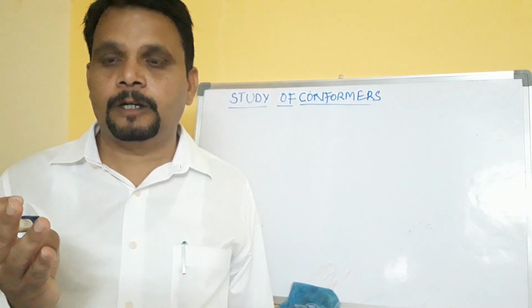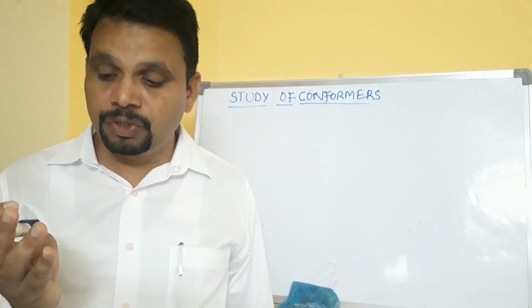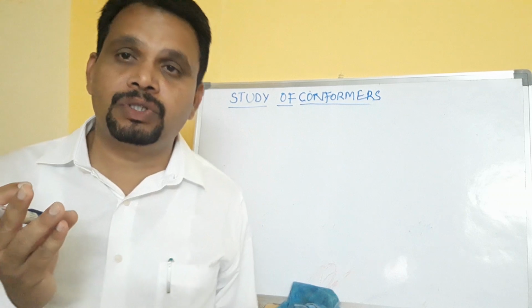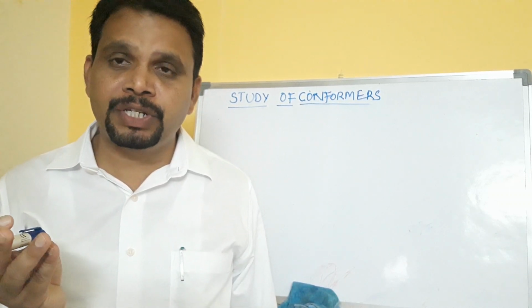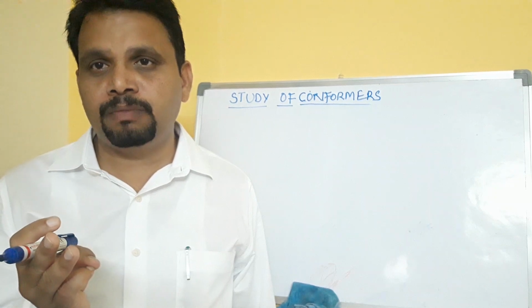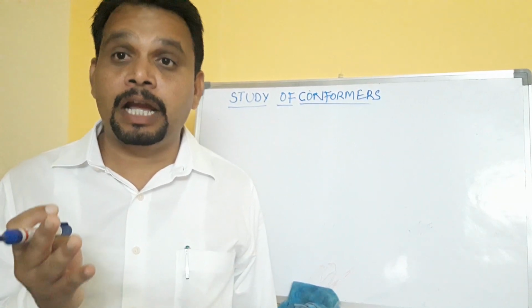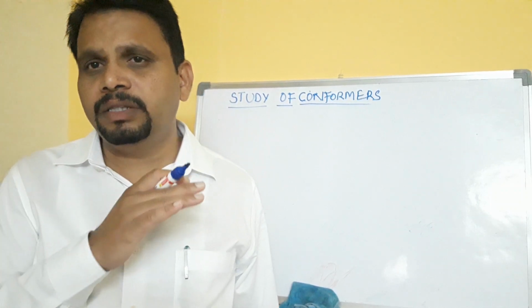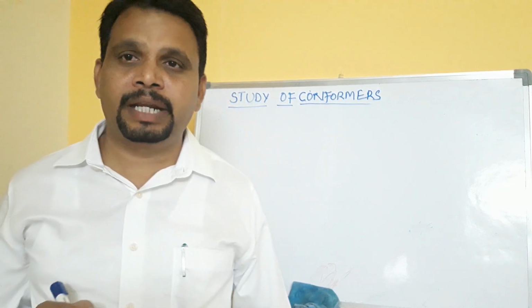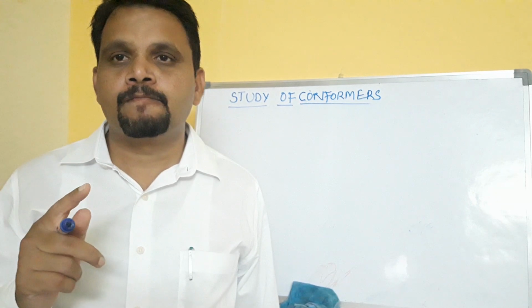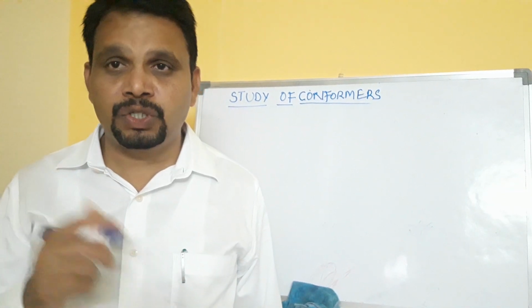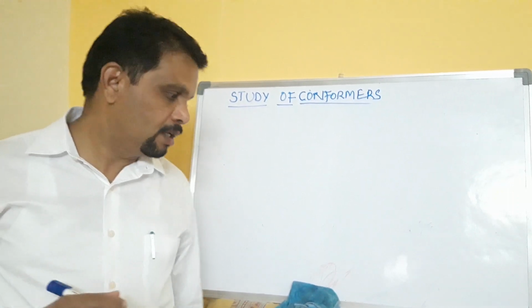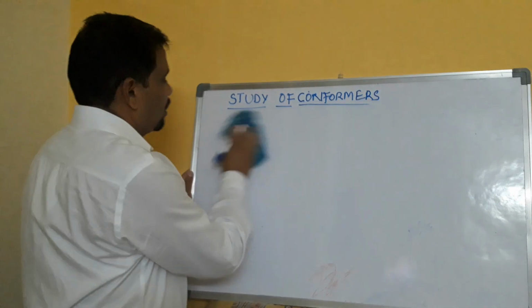You need to check eclipsed strain, van der Waals strain, which may be attractions or repulsions, dipole repulsions, hydrogen bonding, hyperconjugation, and also geminal repulsions. All these factors you need to check in that particular example. Then you will be able to understand which is more stable, and it is very easy for you to write the stability order for the conformers.